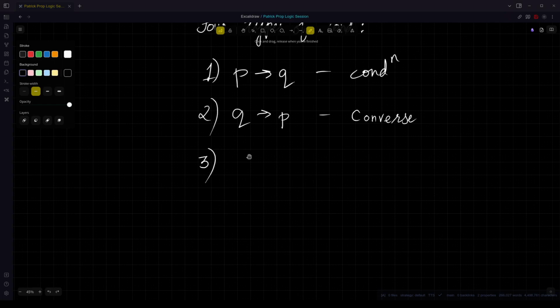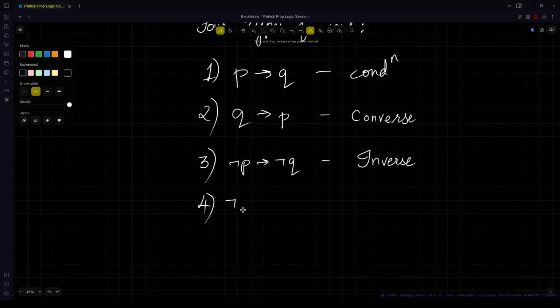That'll be not P implies not Q. And then the fourth one is not Q implies not P. Sorry. And this is called the contrapositive.